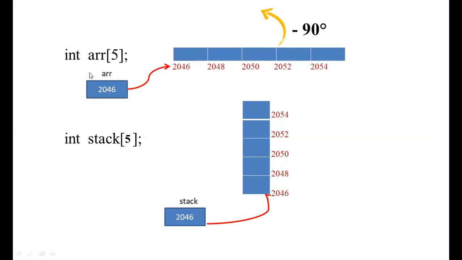So in the stack, if we are allocating the memory statically, then the size, that is the capacity of the stack, is fixed. That is, it is a constant value. Suppose you have to implement the stack dynamically, then we have to use the calloc function, malloc function, realloc function, and free function.